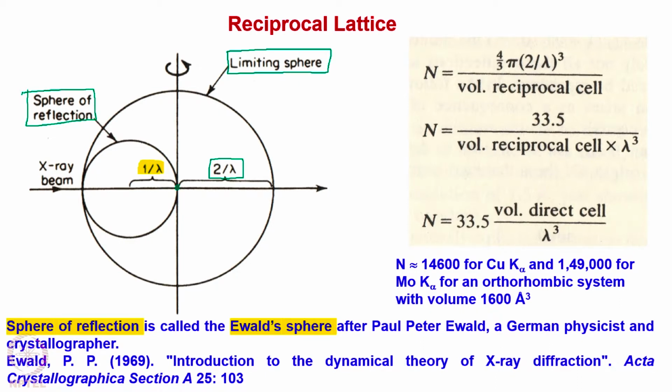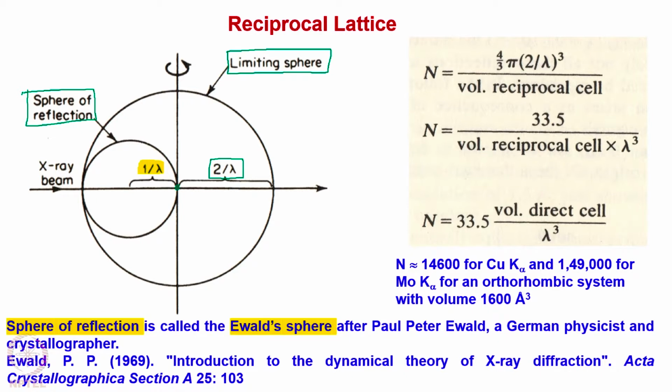This sphere of reflection is also called the Ewald sphere after the name of Paul Peter Ewald, a German physicist and crystallographer, and he introduced this concept of sphere of reflection and limiting sphere in his article in 1969 in Acta Crystallographica. The reference is given here.